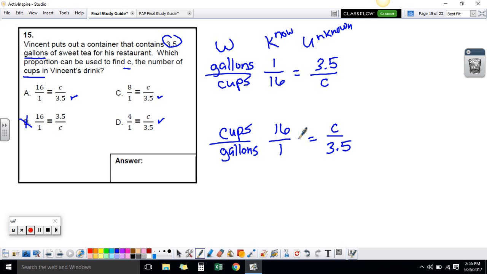Okay, so I'm looking for 16 over 1 equals C over 3.5, and the only one that matches that in this case is letter A, because there are not 8 cups in a gallon. There are actually 8 pints. We're not talking about pints. And this one says 4 cups in a gallon, which is incorrect because it's 4 quarts in a gallon. So our answer is A on this one.